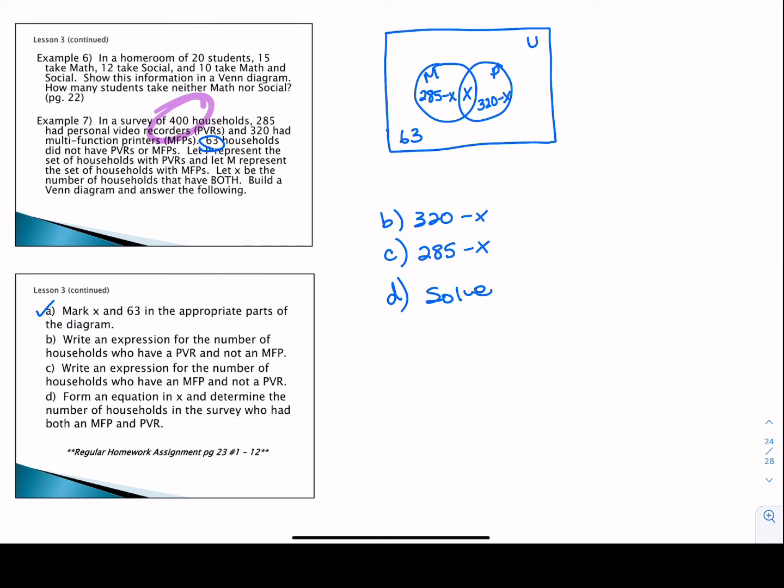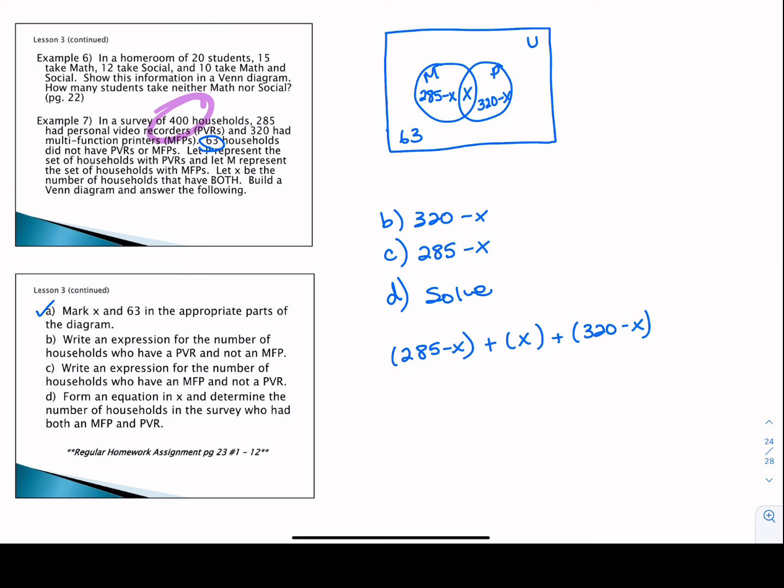So if I take each and every one of these elements and I add them together, I'm going to get a grand total of 400. So let's go ahead and do that. If I take 285 minus X, which are the number of people who have multifunctioning printers but not PVRs, and add that to the overlapping middle section of X, because those people have both devices, and add that to the folks who have just PVRs, so 320 minus X, so again, we're accounting for all of those elements inside those circles of our Venn diagram.